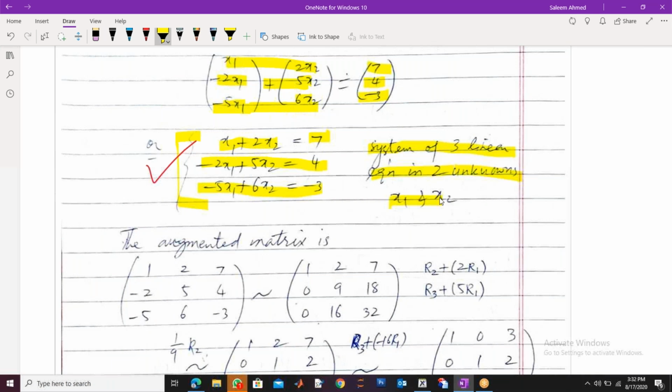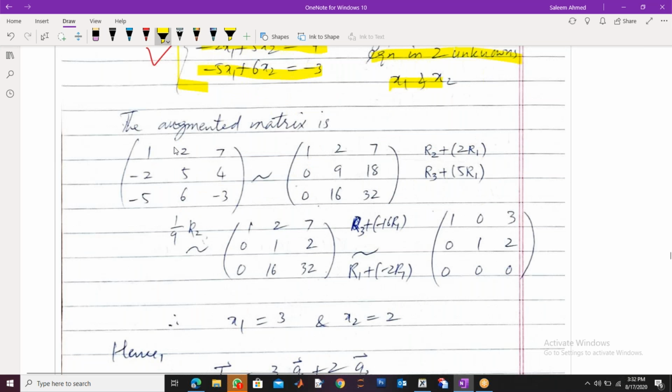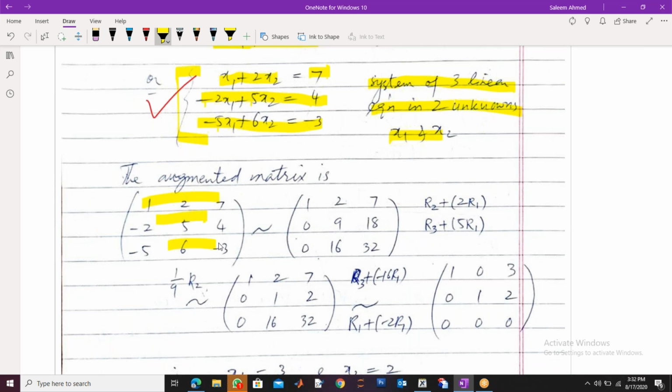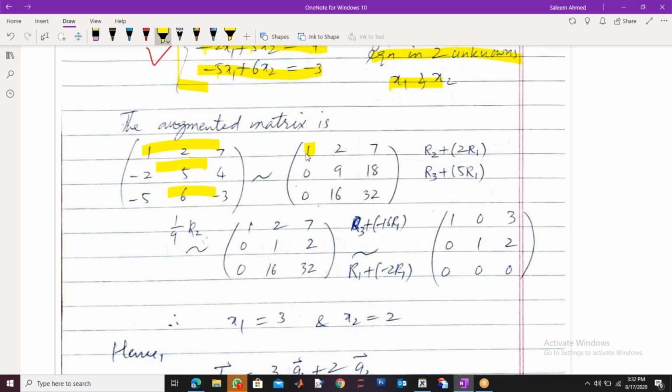So how do we solve it? We write the augmented matrix. We write 1, 2, 7, minus 2, 5, 4, minus 5, 6, minus 3. This is the augmented matrix. And then we reduce it to echelon form or reduced echelon form. This is my pivot element.